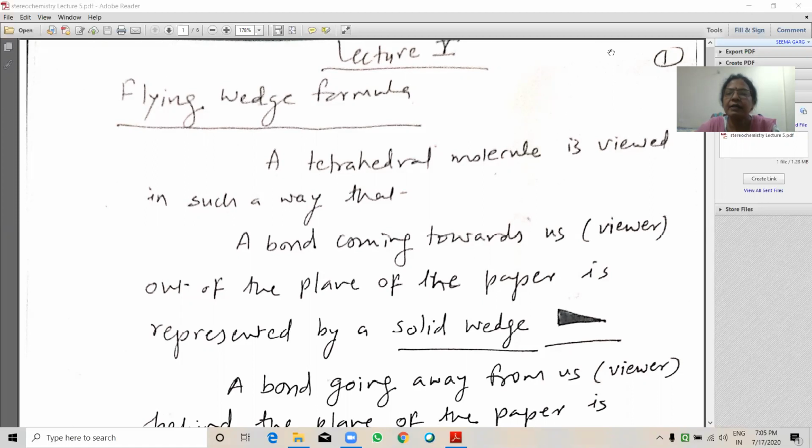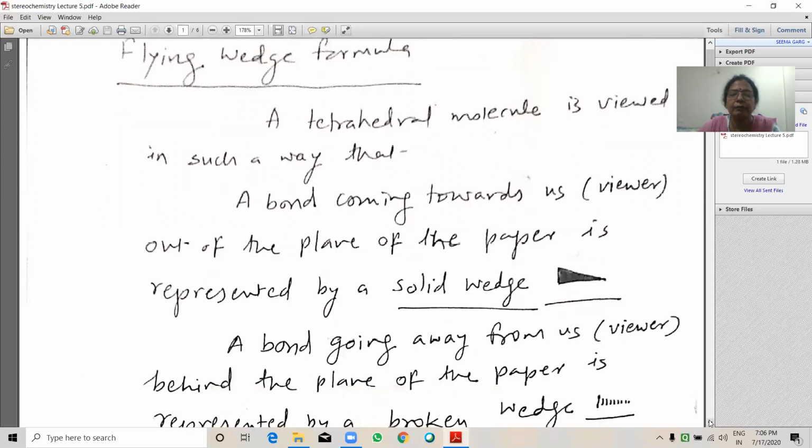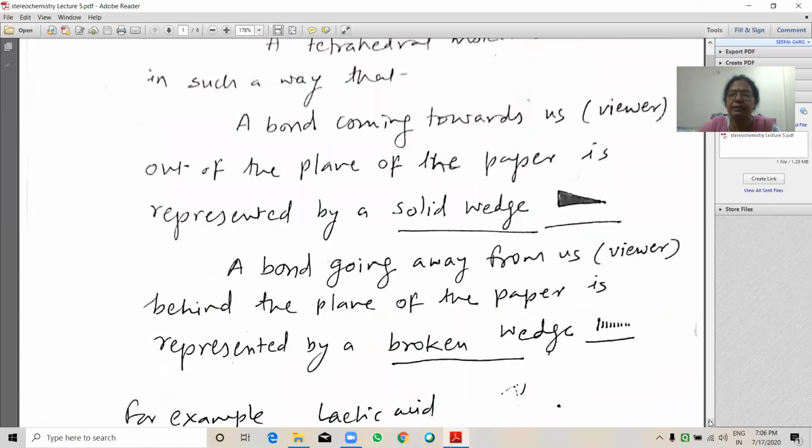A tetrahedral molecule is viewed in such a way that a bond coming towards the viewer, out of the plane of the paper, is represented by a solid wedge. See here. Whereas a bond going away from the viewer, behind the plane of the paper, is represented by a broken wedge.